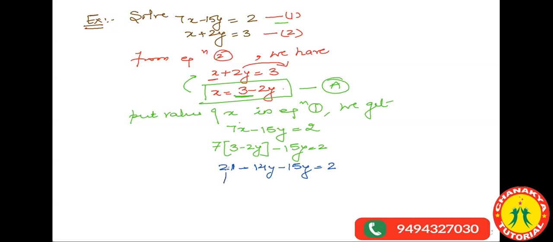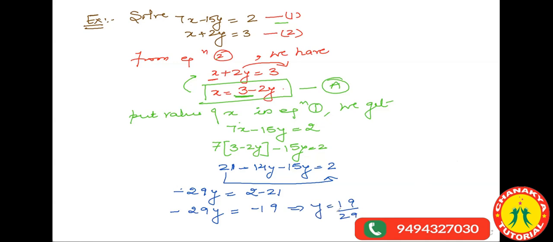So now transpose this 21 to the right hand side. So it will be 14 and 15 is 29, minus 29y is equal to 2 minus 21. So it will be minus 29y is equal to minus 19. Right, beta? Yes, ma'am. So the value of y is 19 by 29. So this is the value of y.